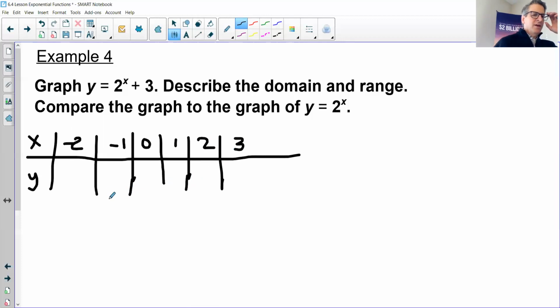The y in this case, if I have -2, if I put 2 to the -2 and then add 3, I'd have 13/4. At -1, I'd have 7/2.